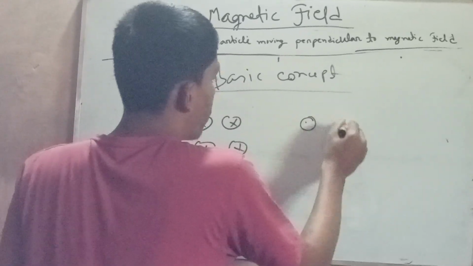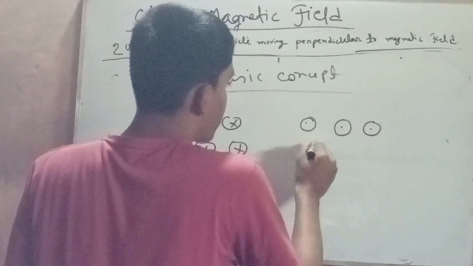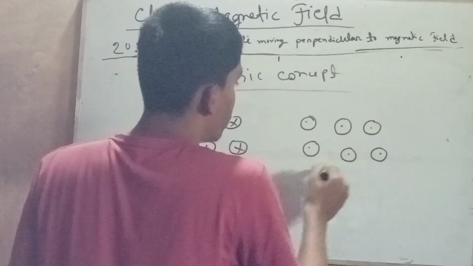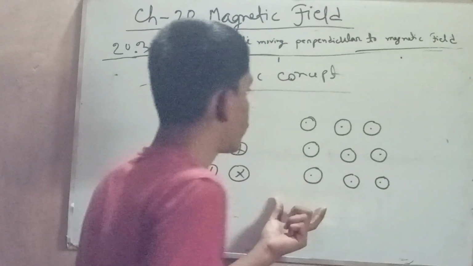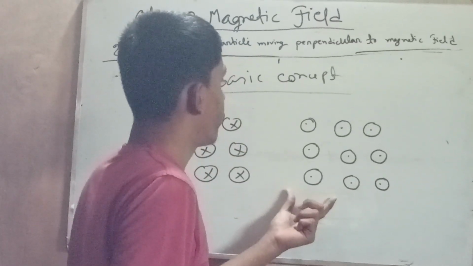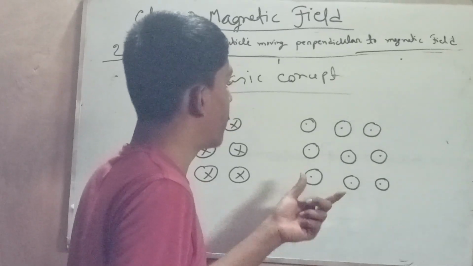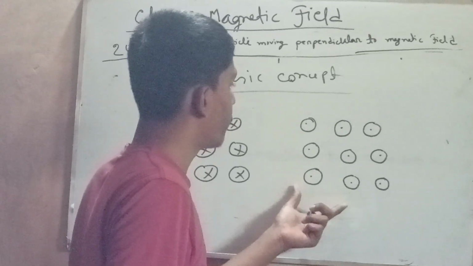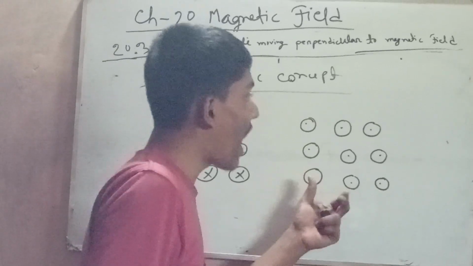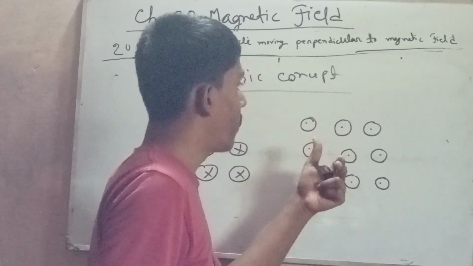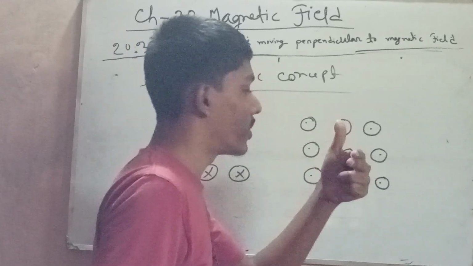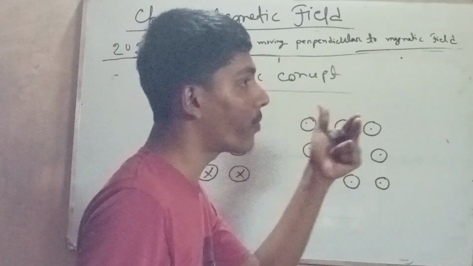If it is represented by concentric circles with a dot inside, a dot circled, then it is out of the board, from the center out of the board, in this direction being the direction of the magnetic field.